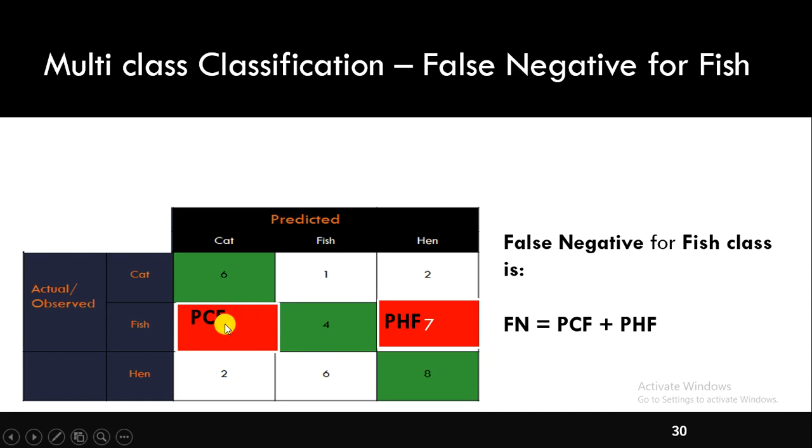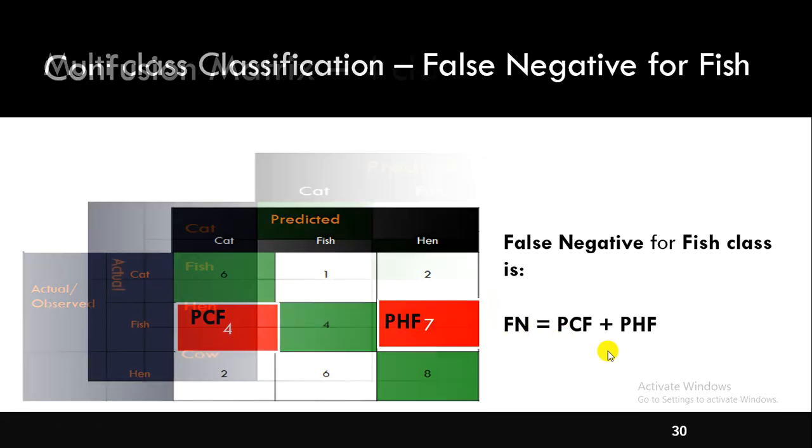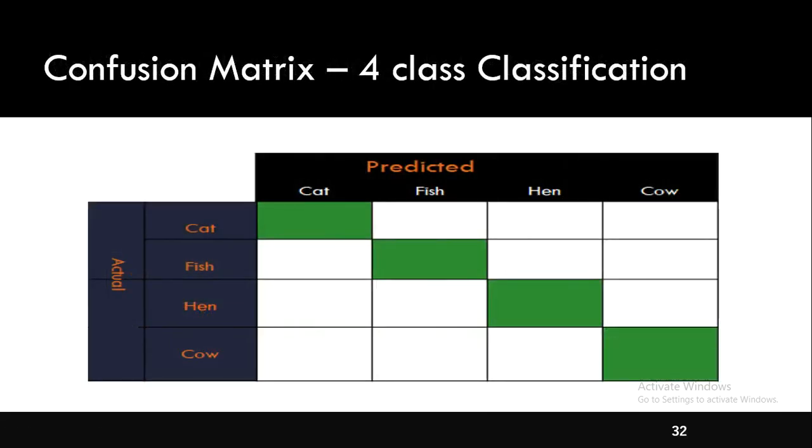Actually this one is supposed to be fish and this one is supposed to be fish, but the model wrongly predicted fish as non-fish. So you need to add these two values to get the false negative. And if you have 4 classes in your target variable and you want to build a confusion matrix, it will be a 4x4 matrix.